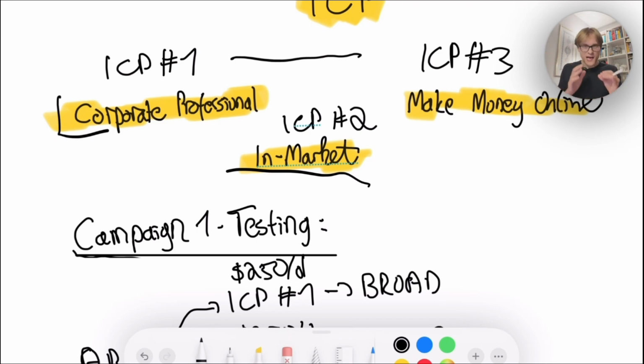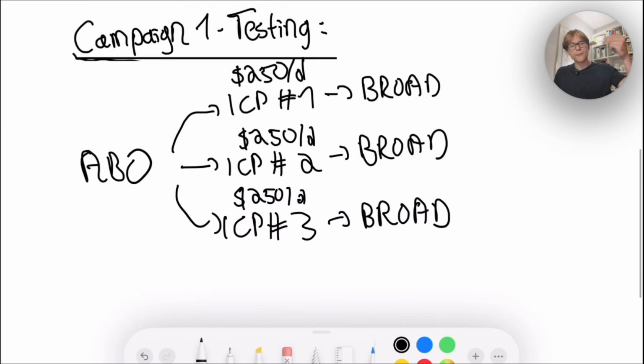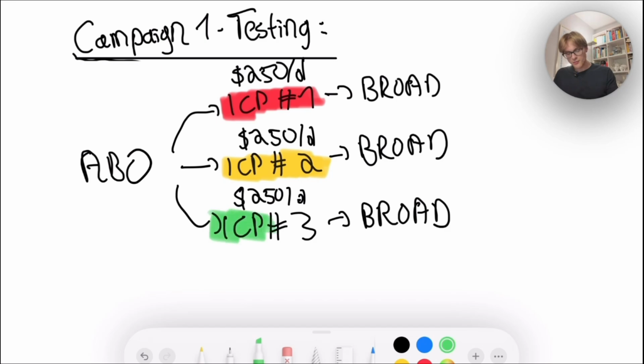So I want to separate these algo types. I don't want to confuse the algo, and I want to make sure I give the algo a clear profile where it can dig in. So one clear idea. For ICP2, who is in market, the algo knows, okay, I'm going to target people who are in market. For ICP1, people with a corporate job, it will target corporate job people. For ICP3, it will target people who are looking to make money online.